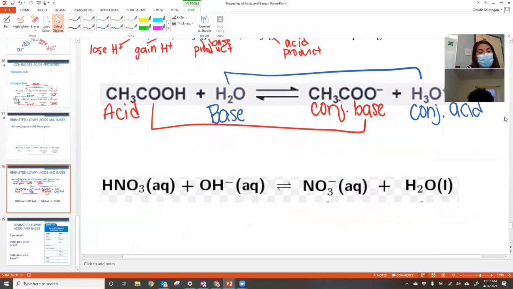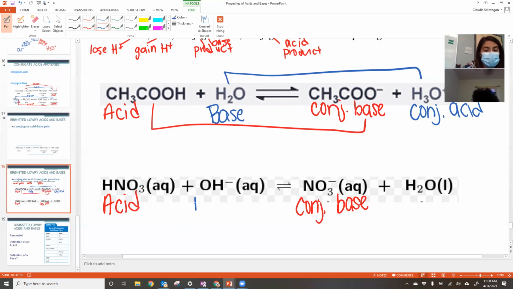Looking at the second one, HNO3 became NO3 minus. It lost a hydrogen, which makes it the definition of an acid. And the NO3, your conjugate base. OH became H2O, so it gained a hydrogen, making it the definition of a base.